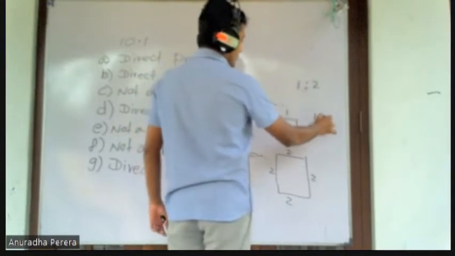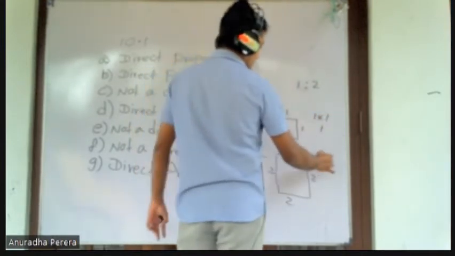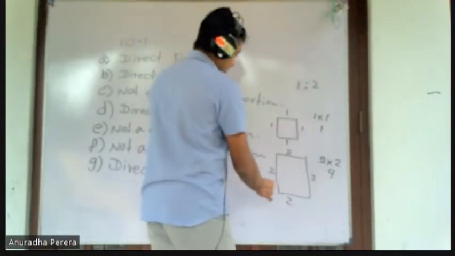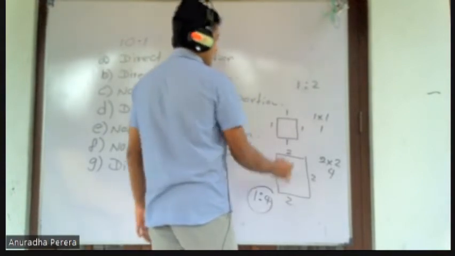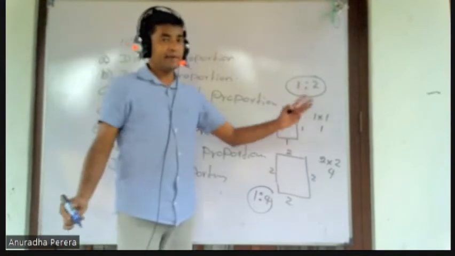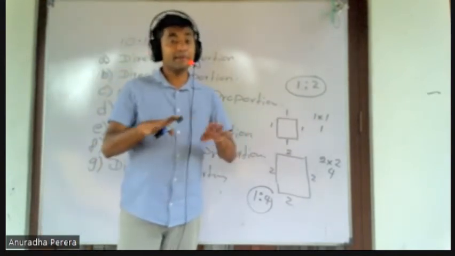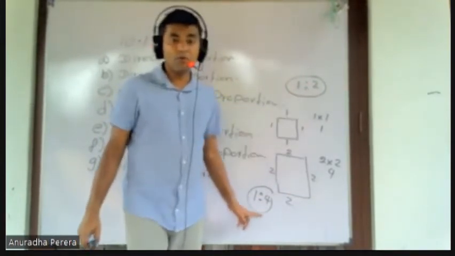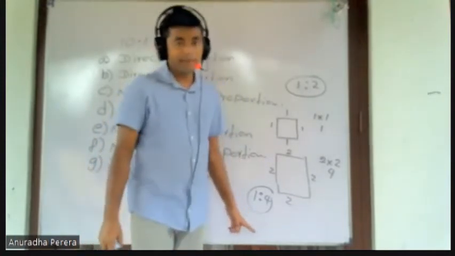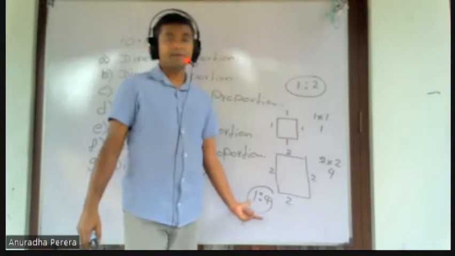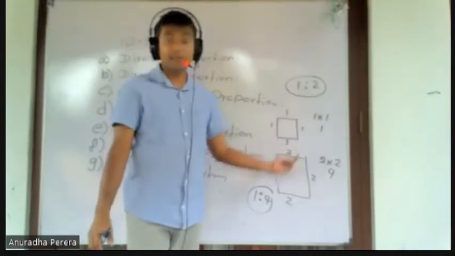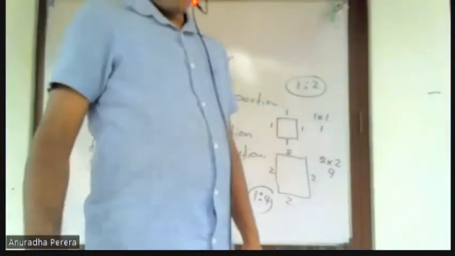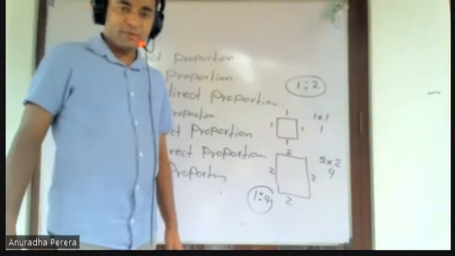Area 1 into 1, 1. 2 into 2, 4. The ratio between area is 1 is to 4. The ratio between length of a side 1 is to 2. When one quantity increases, the other one increases, but not in the same ratio. Ratio එක සමාන නැහැනේ. Length එක එකේ ඉඳලා දෙකට වැඩි වෙද්දී area එක වැඩි උනේ 1 to 4. හරි නේද? වැඩි වෙනවා එකක් වැඩිවෙද්දී අනිත් එක, හැබැයි එකම ratio එකකින් නෙමෙයි. This is not a direct proportion. ජාලිය හරිද පුතේ? පුතාට තේරුණාද?